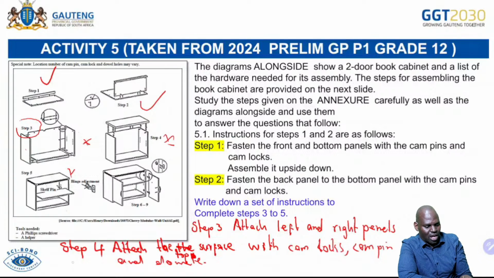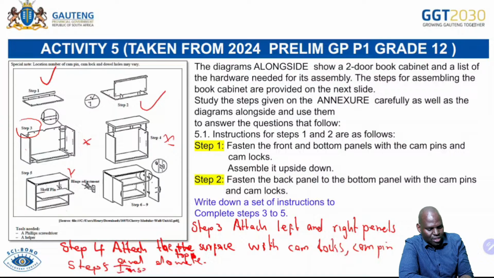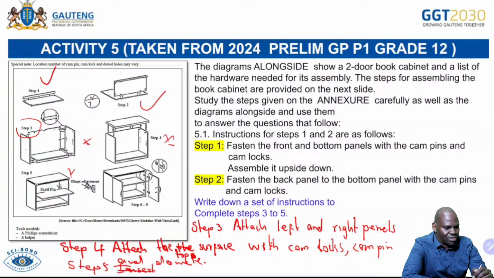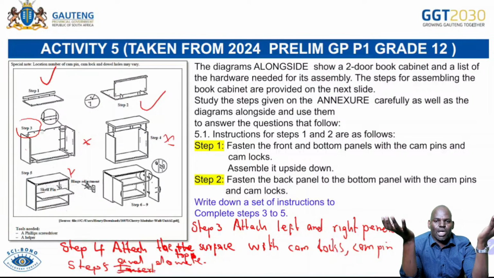And now we still have step number 5. You can see that at step number 5, you just need to insert the shelves. But before you insert the shelves, remember, you have to insert the pins. When you insert that shelf, there must be pins that are going to hold the shelf.